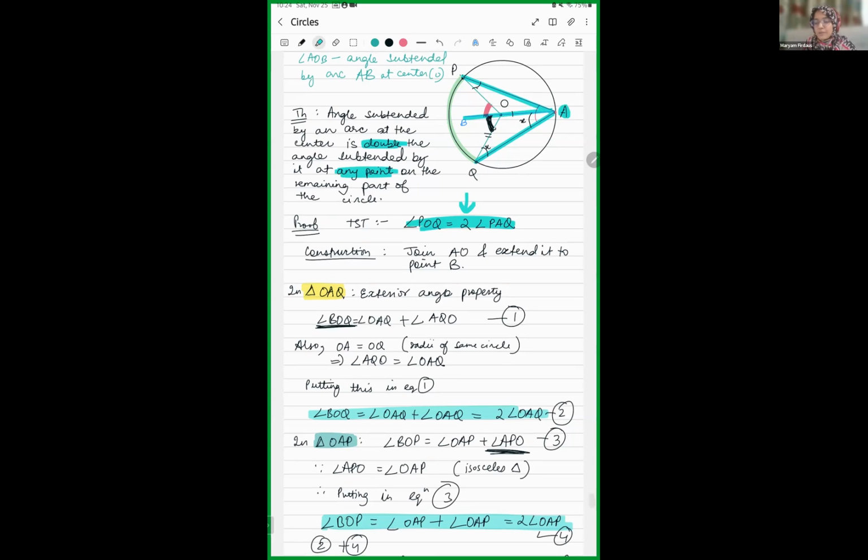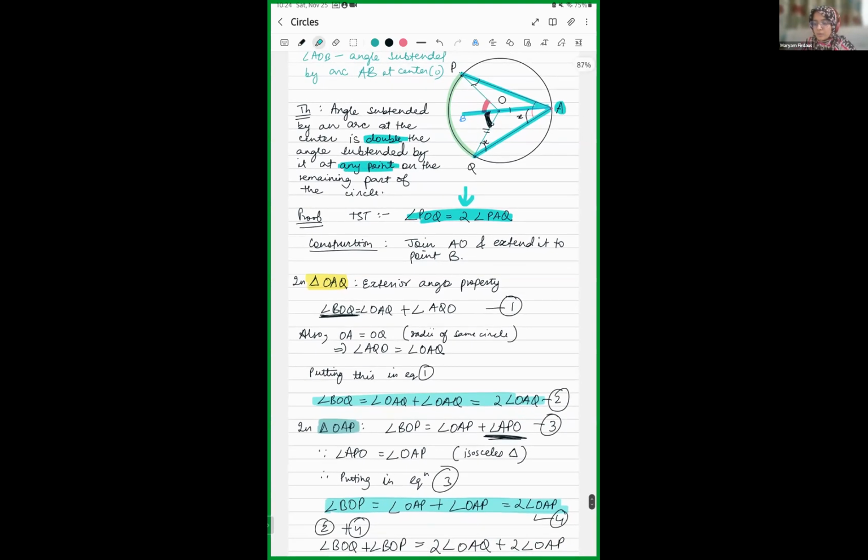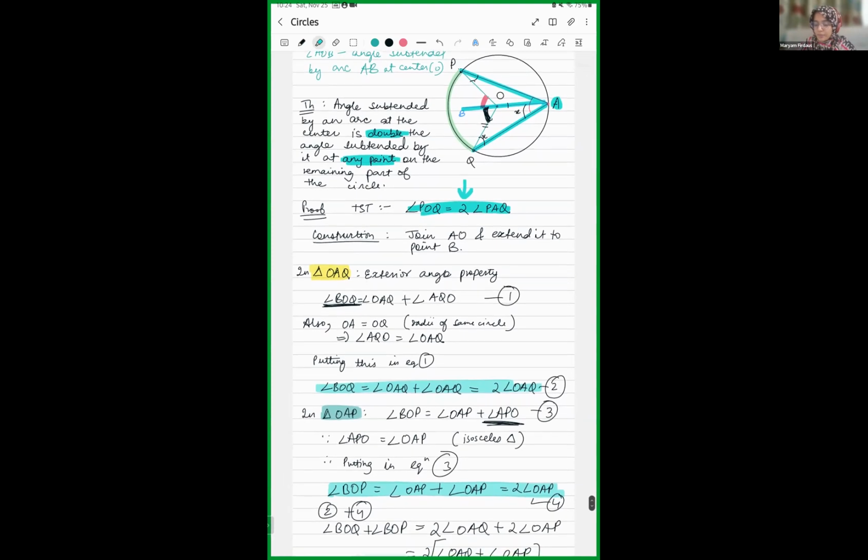Is this proof clear to everyone? Any doubt in this? We can take a look at it again. Any doubt? No, ma'am. Okay, please note down the theorem, the proof. Once you're done writing everything, tell me. We will move forward.